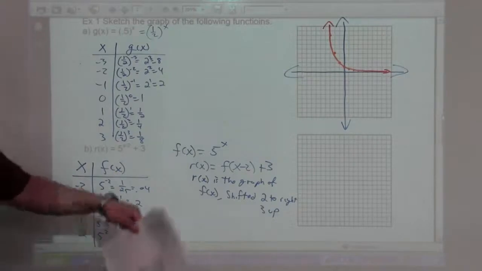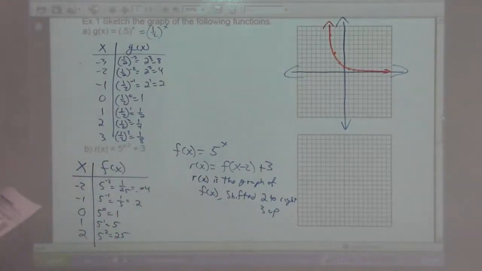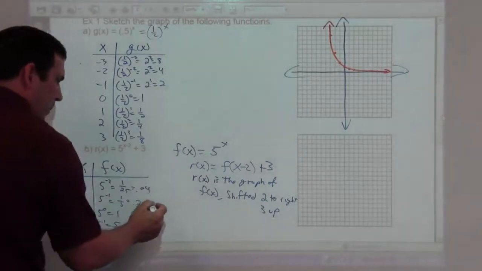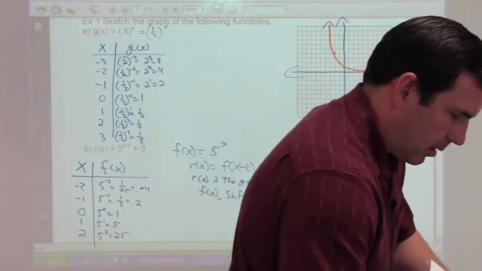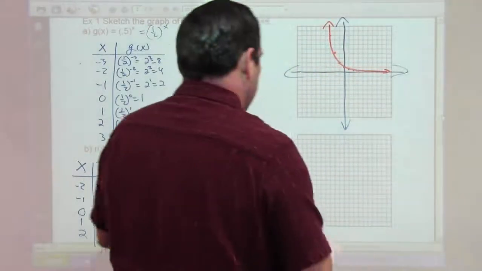So now a lot of these are going to show up on this graph that we have. So I'm going to plot in red f of x, then we'll plot in orange r of x.